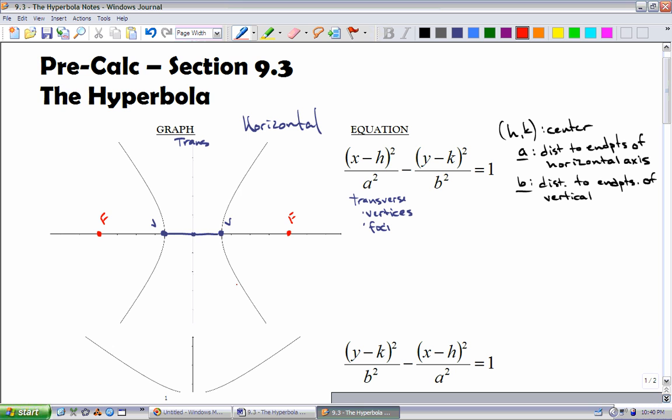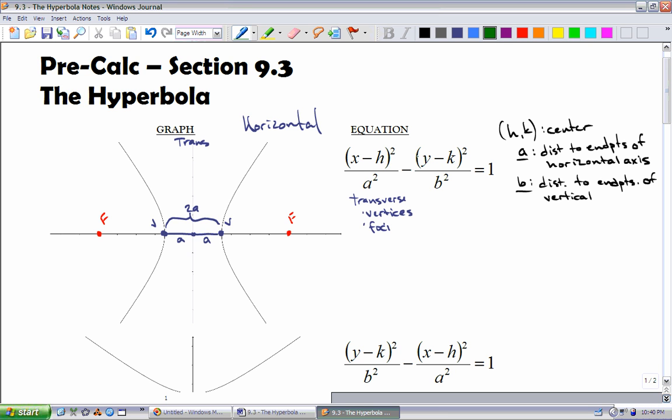They lie inside the hyperbola. Okay, and we need to be aware of that. Notice a couple things here. This distance right here is 2 times a. The transverse axis is 2 times a. That's because it's a in each direction of the center.